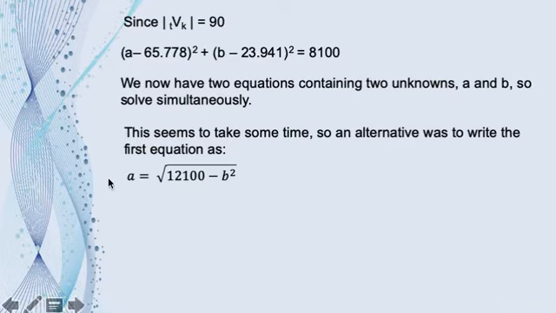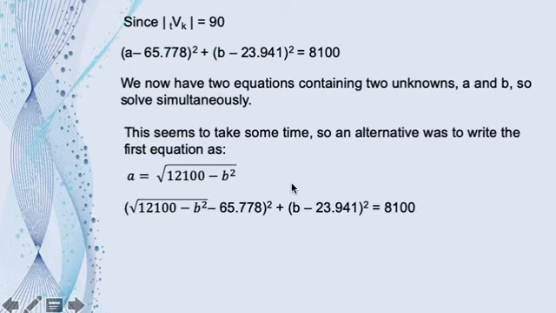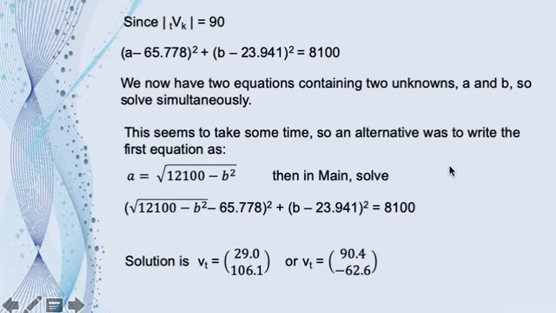So we know that that's what that would look like as a, and actually just put it into the equation. So let's just replace that with our a, so that we just have one variable now that we're trying to solve for, and then you can put that straight into main. Okay, so just keep in mind, if simultaneous doesn't work, just play around with your calculator. Usually we'll get there if you just give it a little bit more help. And then we can solve. So we can solve for b, substitute back in to get it for a.